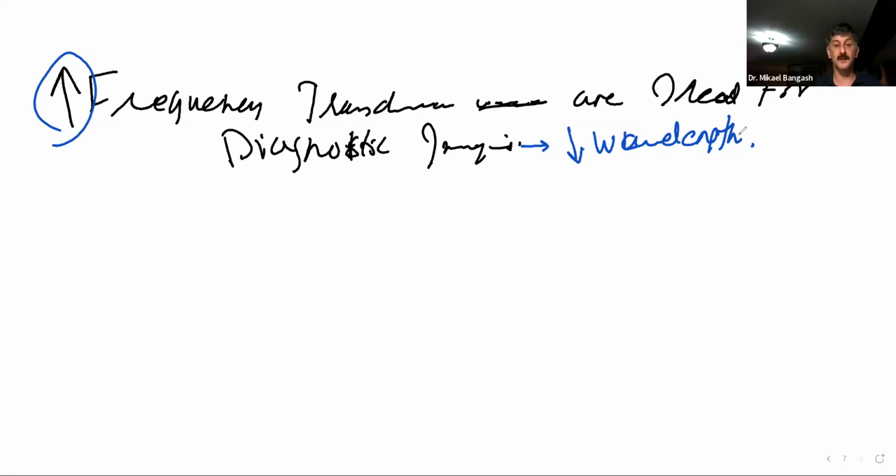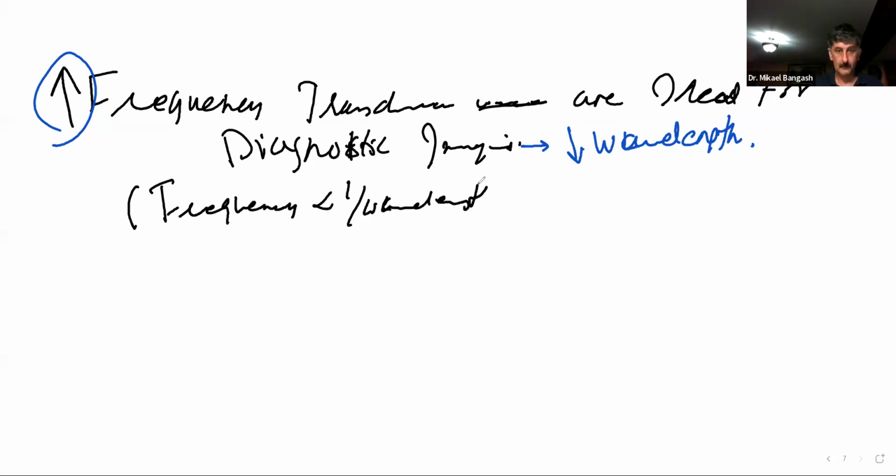If somebody is still in doubt, well, we know that frequency is inversely proportional to wavelength. So if your wavelength is great, or your frequency is high, you will have a short wavelength. And what is this short wavelength going to give you?